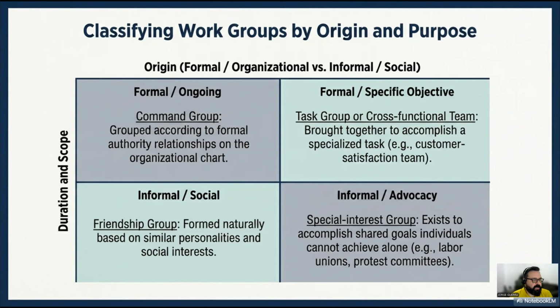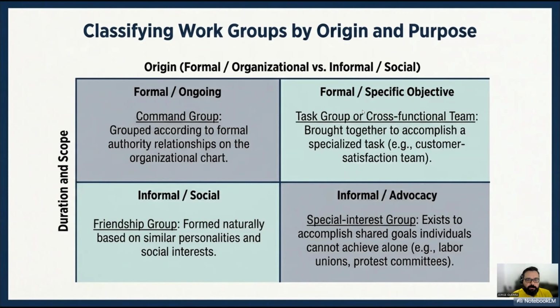First of all, we have four types. We have the formal group, which is a group designated by the supervisor, created according to the formal authority of the organizational chart or assigned by the supervisor.